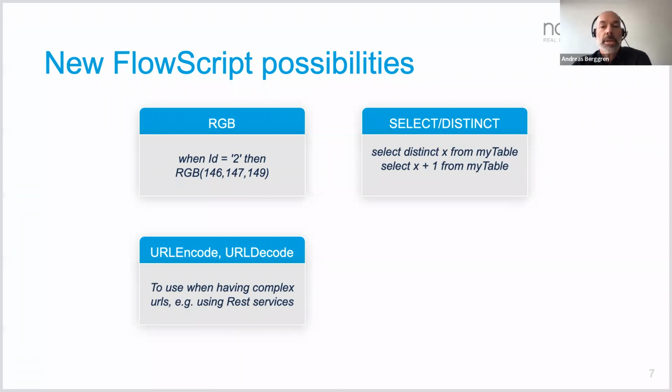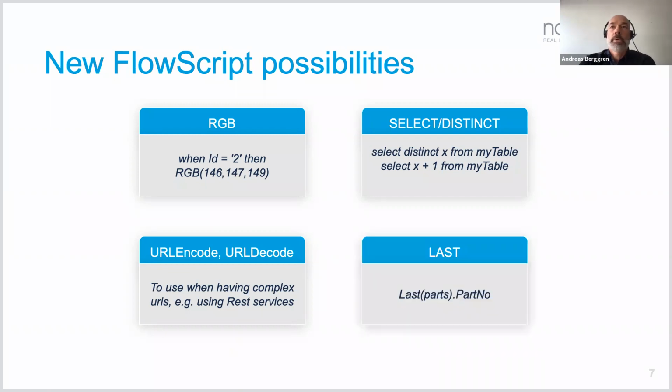So that could be maybe you need to send a callback URL as a parameter, and you typically have to encode them for it to work properly. We have the last function, which returns the last row in a table variable.